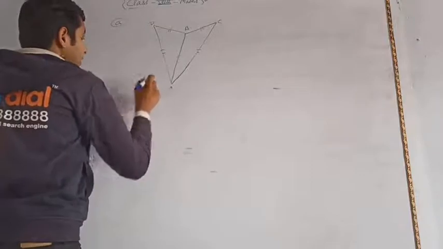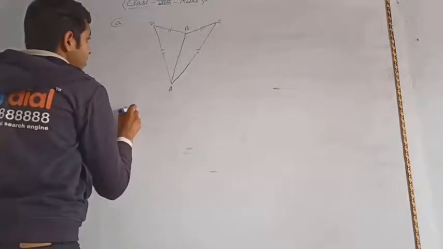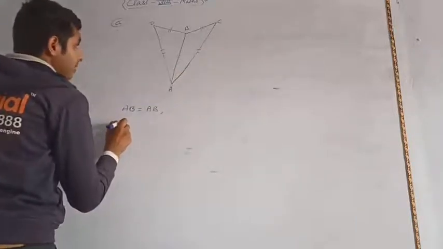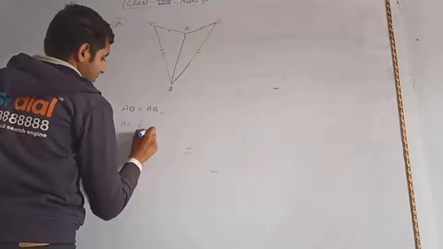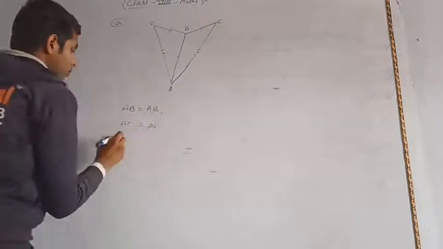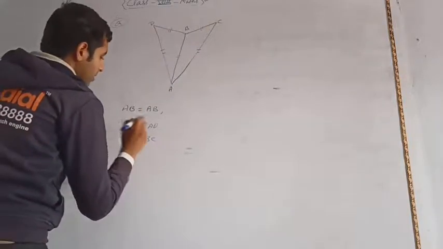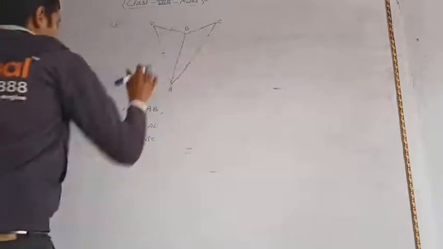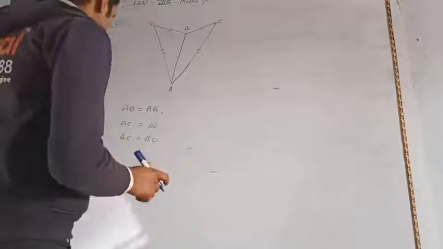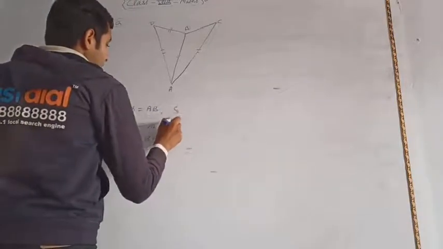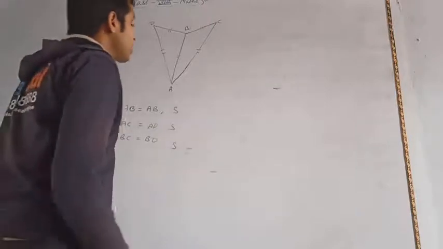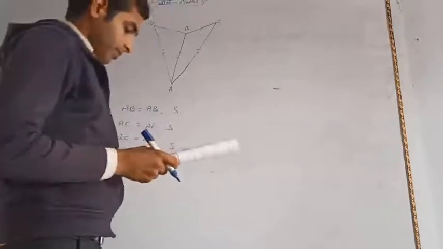So in this problem we see that AB is equal to AB, side AC is equal to side AD, and also BC is equal to BD, as given. So here the congruency rule followed is SSS, side-side-side congruency.